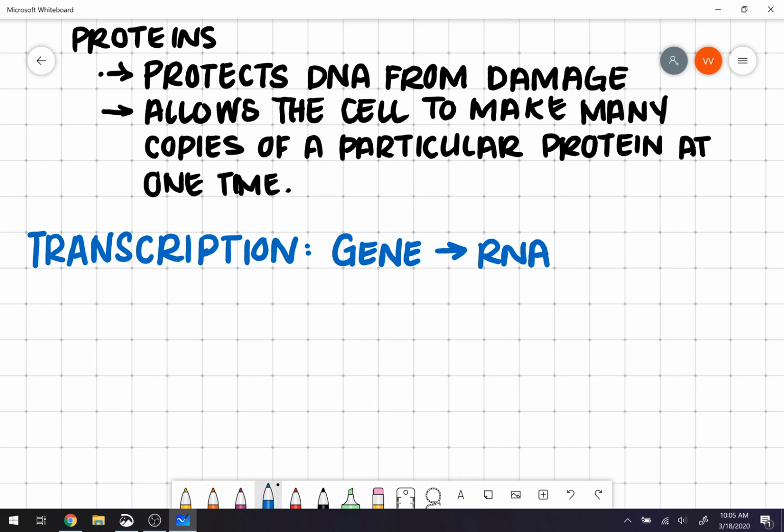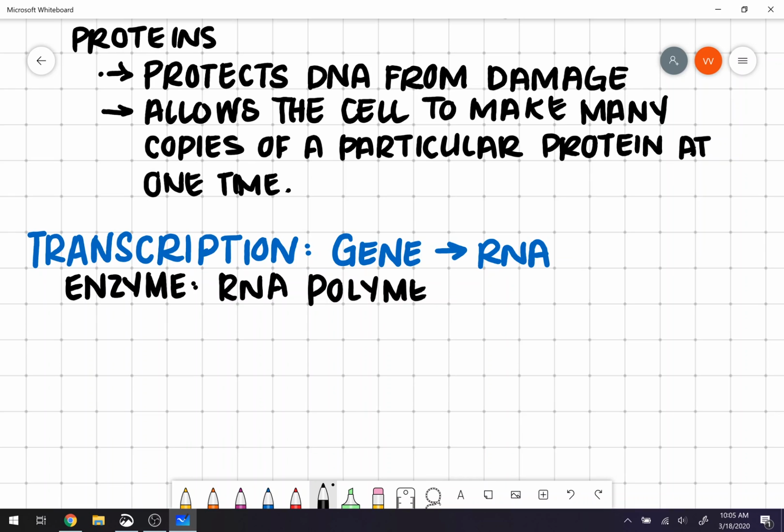There's only one enzyme required for this. This single enzyme is called RNA polymerase. RNA polymerase is pretty cool because it actually does the job of helicase and DNA polymerase all at one time.